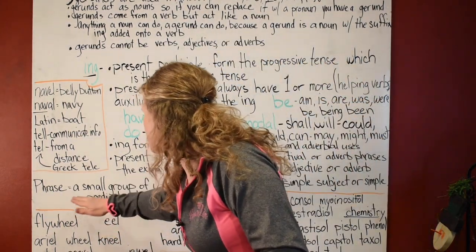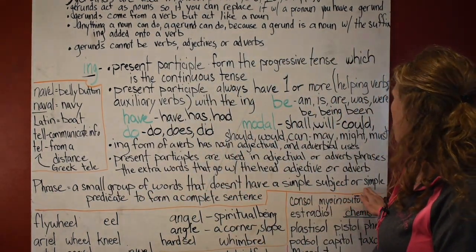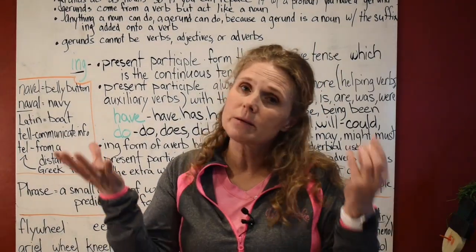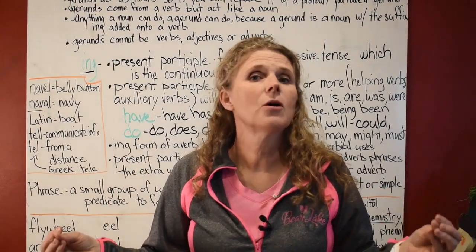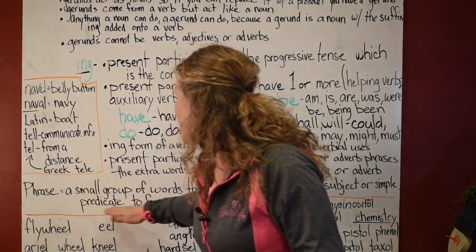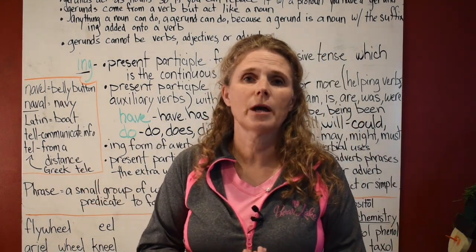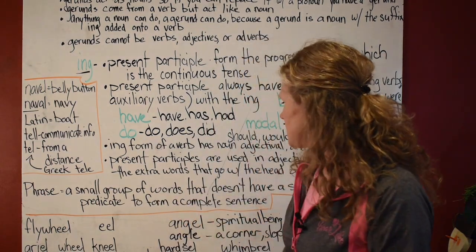So a phrase is a small group of words that doesn't have a simple subject or a simple predicate to form a complete sentence. With a simple subject and a simple predicate, you're going to have a complete sentence or you're going to have it in a clause. And so the phrase doesn't have both of those, and you need both of those to have a complete sentence.